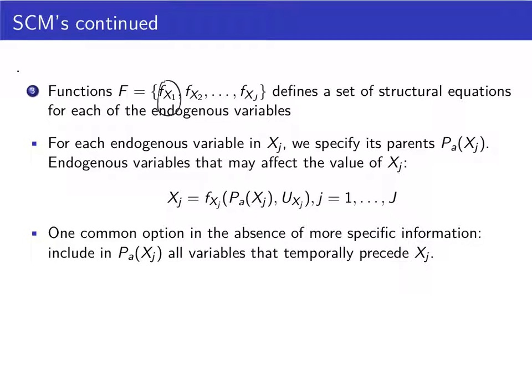For instance, if x1 is, let's say, fx1, and I'll just assume there's another x2, ux1, then one example would be x1 is equal to like x2 cubed plus ux1, right? So the function fx1 is just x2 cubed. It just relates the two variables that are related.